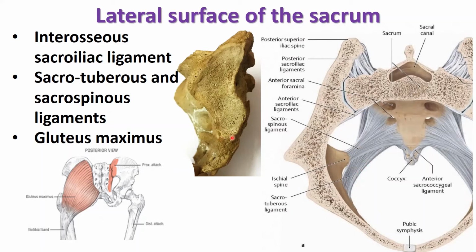The narrow lower part gives origin to the sacrospinous ligament anteriorly. Here you can see sacrospinous ligament, which is a thin triangular ligament and which separates the greater sciatic foramina from the lesser sciatic foramina.